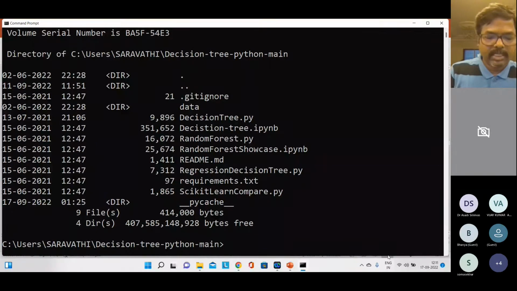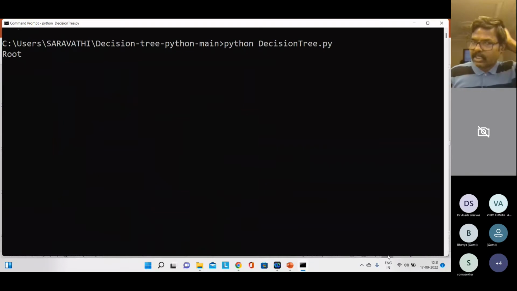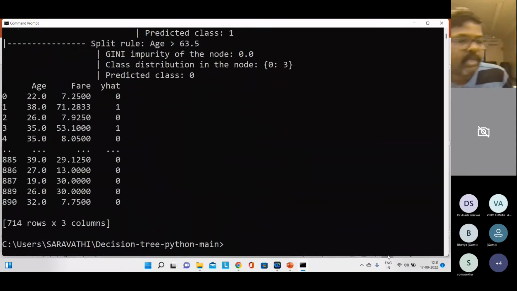So now I am executing the decision tree algorithm. See here, python decision tree algorithm, it is going to be executed. See now, I got the output.